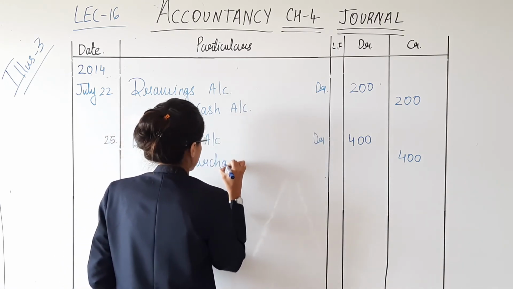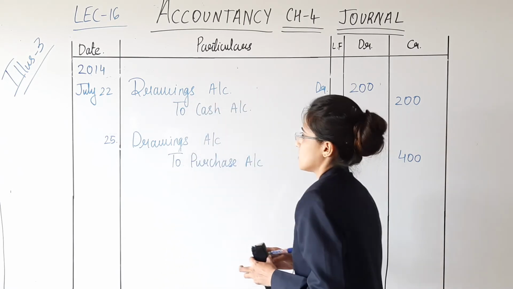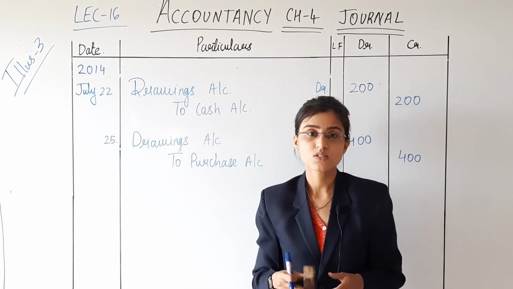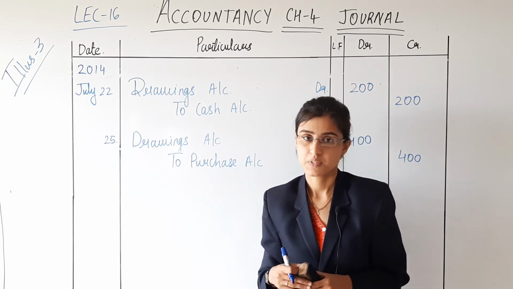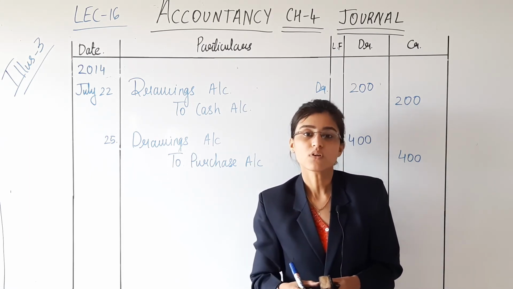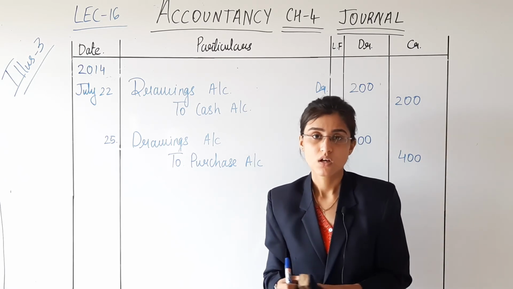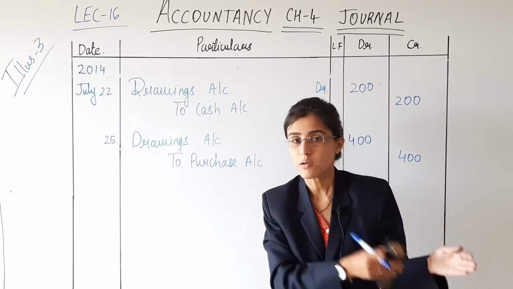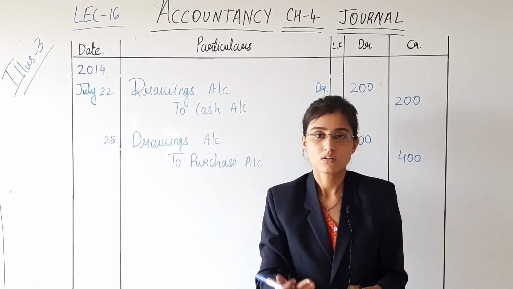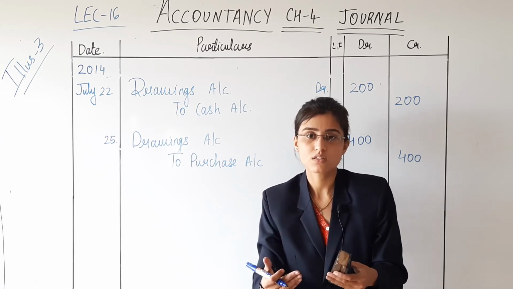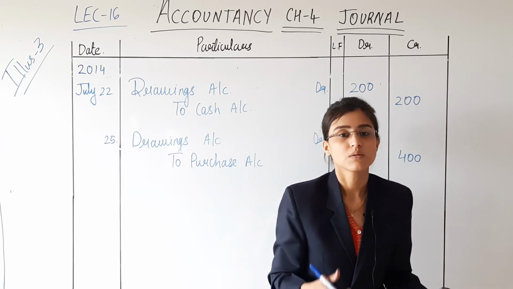You might be thinking, that ma'am, you have taught us that purchase is always debited because whenever you purchase, goods come in. Yes, but you have purchased goods to sell them further. If I am explaining in this manner, you have to consider yourself as owner.